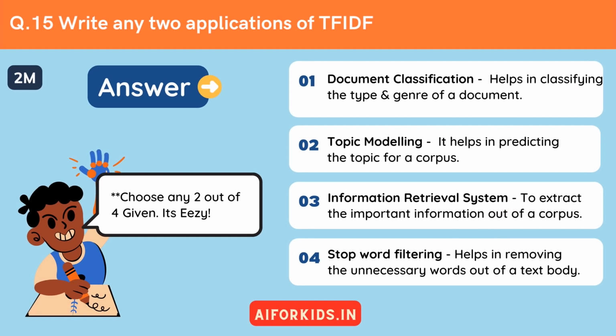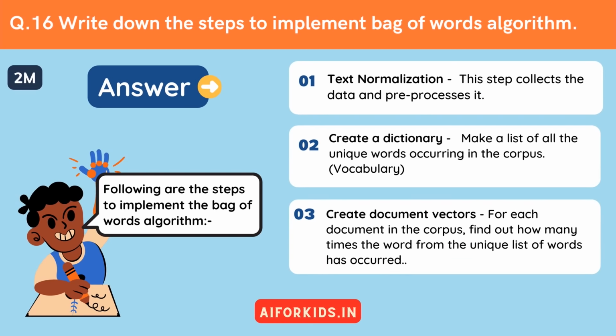Now let's move on to question number 16. Question 16 says: write down the steps to implement the bag of words algorithm. Okay, so we have to write the steps to implement the bag of words algorithm. This is also of 2 marks. So let's see the answer.